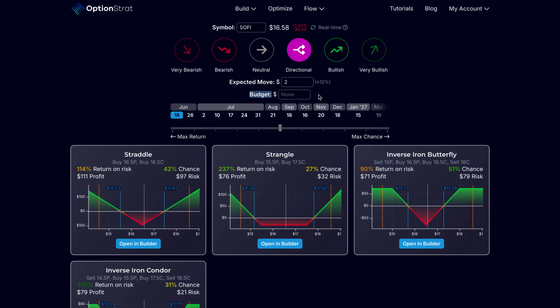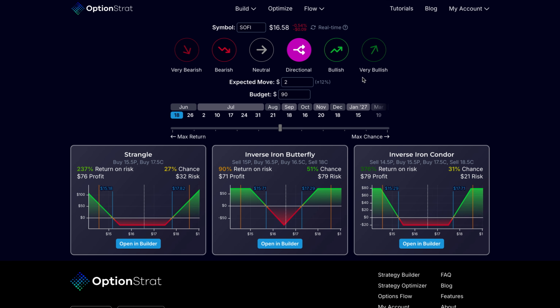I think this is one of the most complicated parts of an option strategy: you might only have $50 or $100 to trade, and you might even know what potential option strategy you can use, but then you go to use that strategy and it's way above your budget. But with this, you can enter your budget and it's going to give us potential options trades that fit that budget. So let's say my budget is, and again, I'm just going to make this up, $90. Say I have $90 to trade with here.